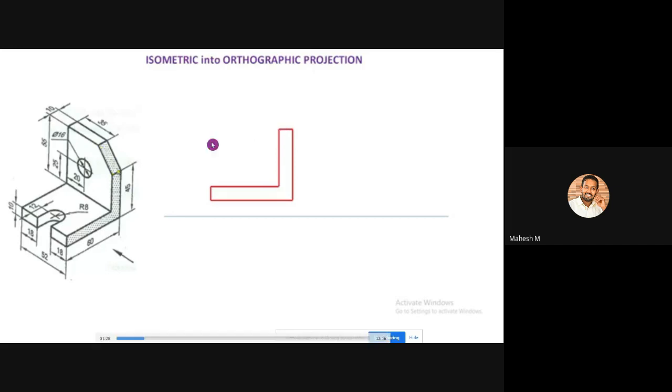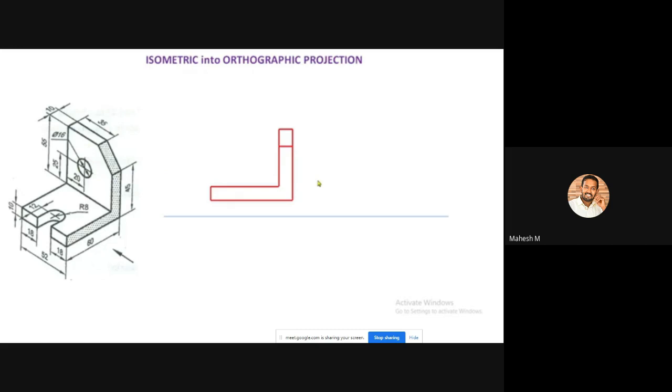Okay, the height of this line is 45. You can create this line with a height of 45 mm. So this is our front view.